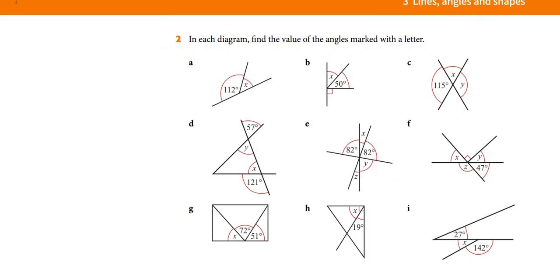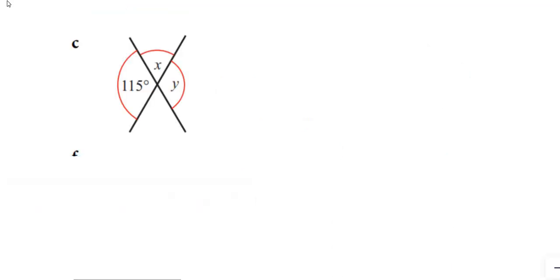And now you have to start doing exercise number 2. For example, you have to find the unknown value. Here we have the intersection of these two lines. Is there a relation between 115 and this value y?